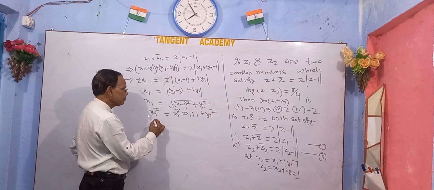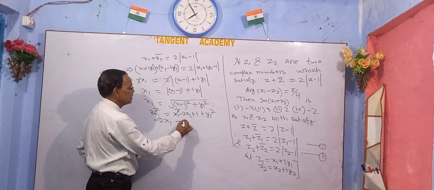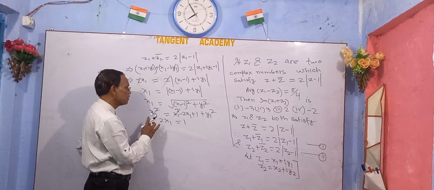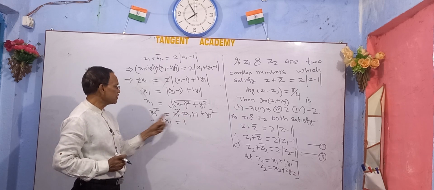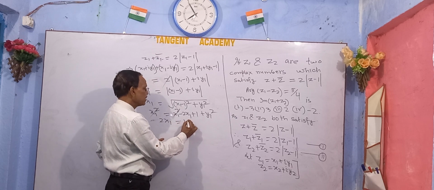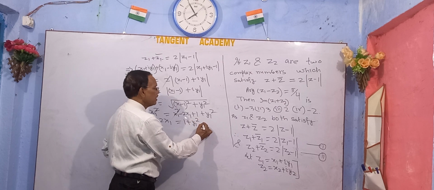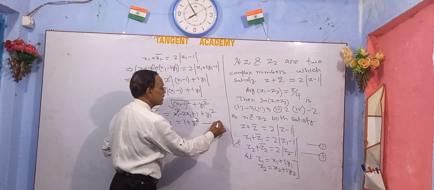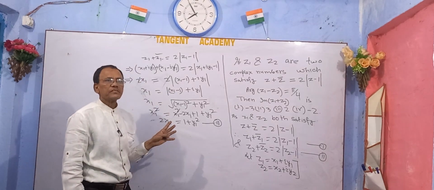It can be written as minus twice x1 is equal to 1 plus y1 square, since minus 2x1 is transposed to the left hand side. So twice x1 can be written as 1 plus y1 square. Let us denote this as relation 3.